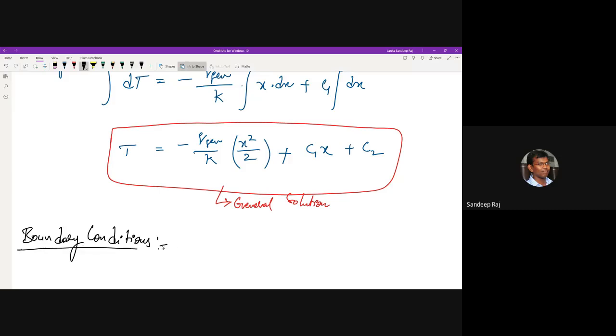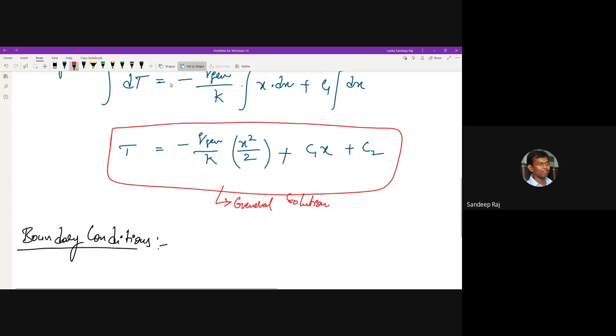Okay. So see, when you look at this equation, what you can understand is it is in the form of a parabola. Okay, it is x square here and x here, and y is T here actually. So y is equal to ax square plus bx plus some constant is the expression here.